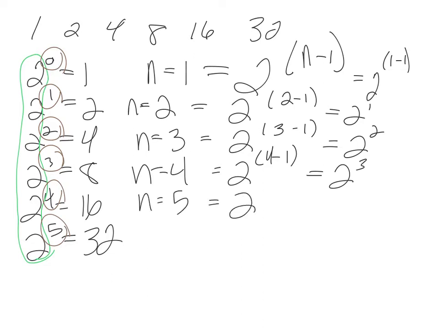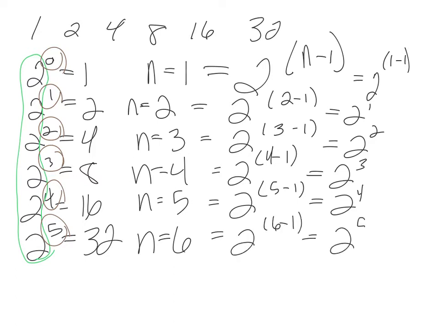You get the pattern, I'm sure. 5 minus 1, 2 to the 4th, 2 to the 6 minus 1, which is 2 to the 5th. So I have my expression, which is all the way up here, 2 to the n minus 1, where I have to say my first term starts with 1. Okay, so the expression is 2 to the n minus 1, starting with n equals 1.